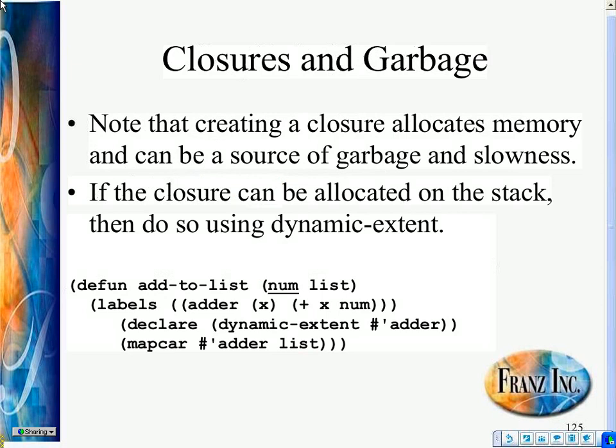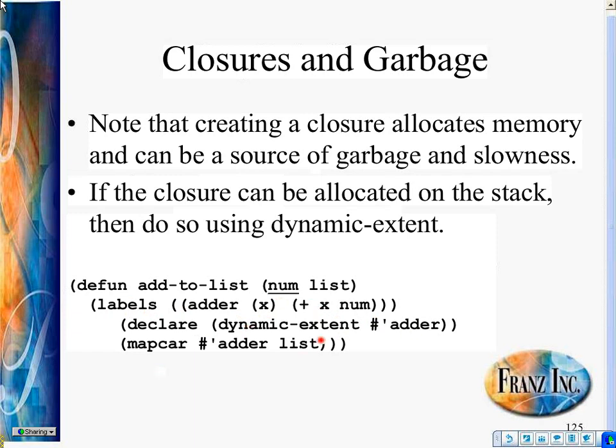Creating a closure allocates memory and can be a source of garbage, but you can allocate them on the stack. Here's the labels special form. Remember, that allows you to define local functions. We're defining the local function adder. Here's its definition, it takes argument x, adds x to this value num, therefore you get a closure.